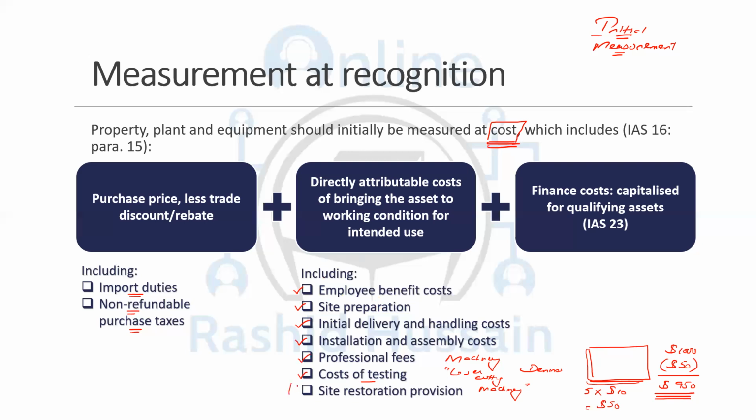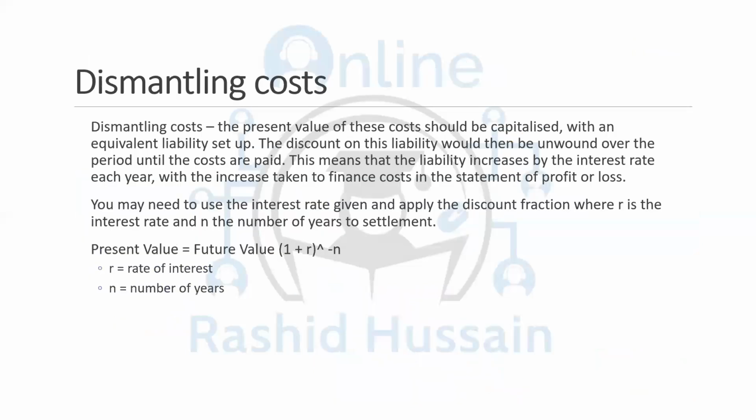And then there is one most important thing within the cost of this, which is the site restoration provision. The site restoration provision is also known as the dismantling cost. So the restoration cost is also known as the dismantling cost.